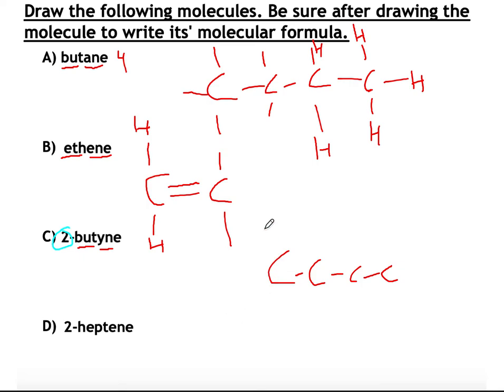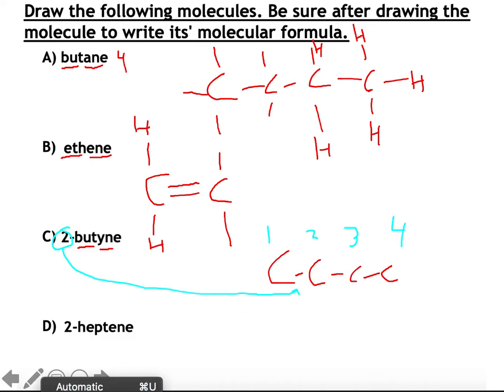So if we were to number these carbon atoms 1, 2, 3, 4, it tells us that the bond is going to start at the 2 carbon. So when we put in our bond, we're going to put it starting at the 2 carbon, not the 1 carbon, right? Sorry about that. Let me change that arrow. Really, it should be going here, starting at the 2 carbon.